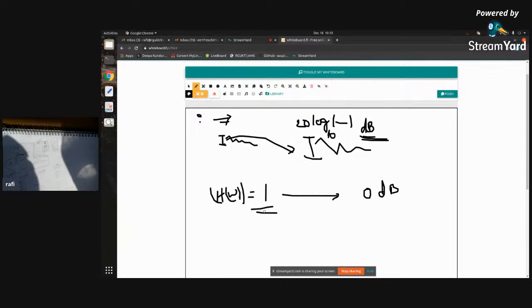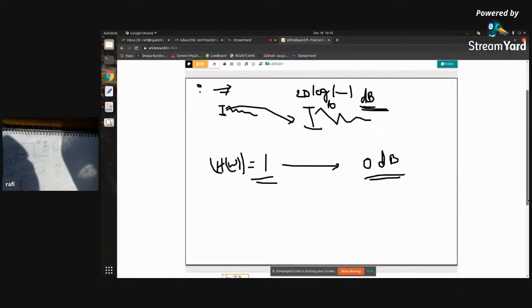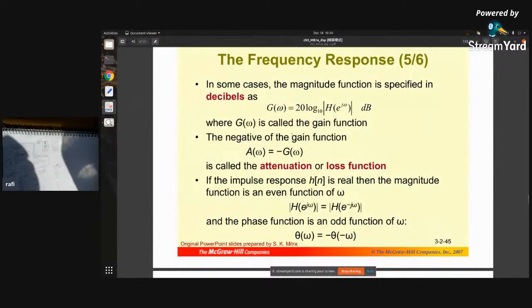This we call unity gain. Unity gain in plain terms, but unity gain corresponds to 0 dB. So you don't think of it as 1 dB. It is 0 dB. So that's why we'll take everything in log for enhancing this gain region.